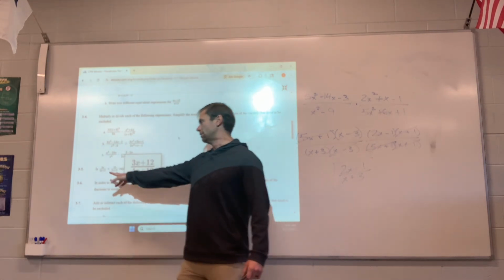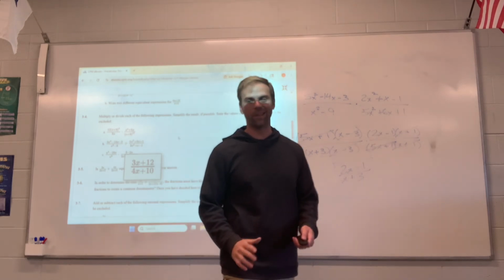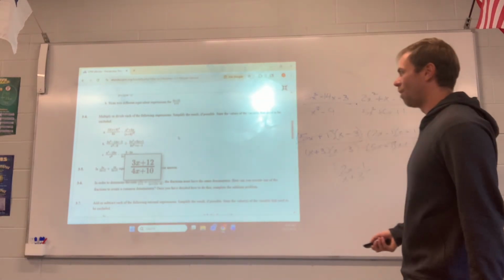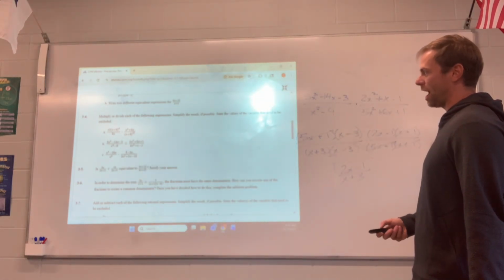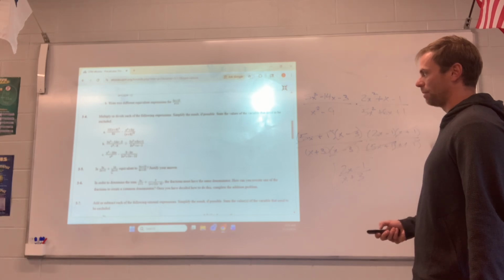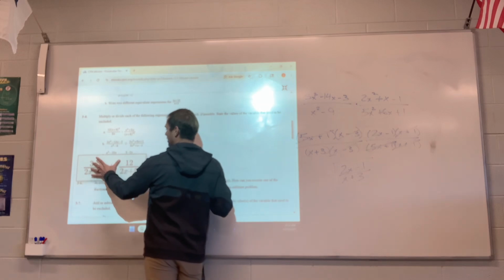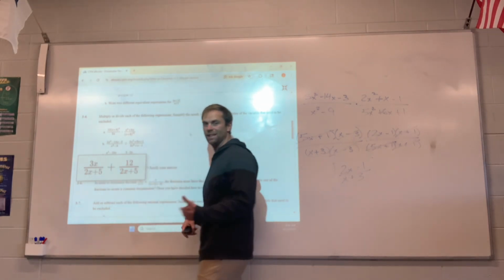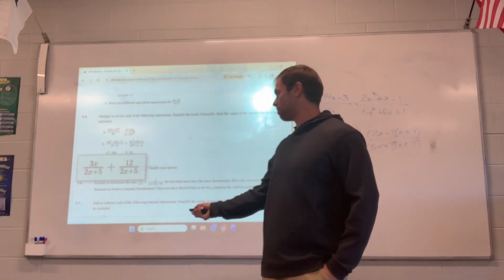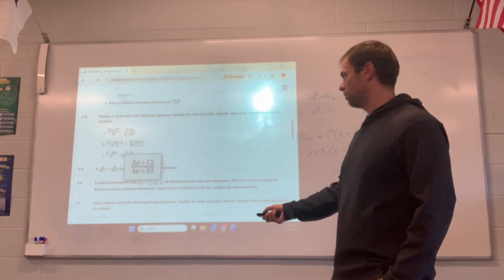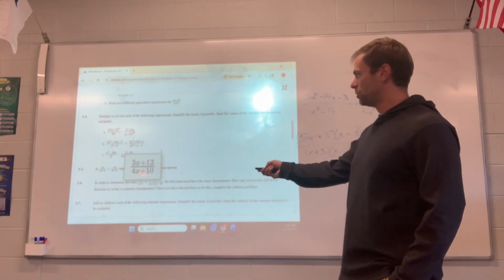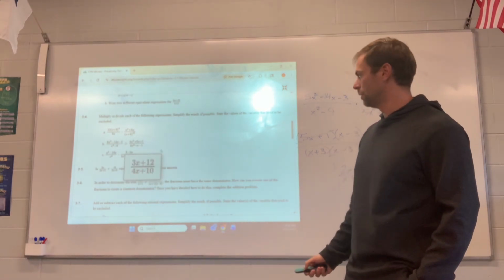So they added the numerators, and they added the denominators too. The correct answer is no, those are not equivalent. Why? Because when we add fractions, we have to have a common denominator. We do have a common denominator here, so we can add the numerators, but the denominator stays the same. What should happen is this should be 3x plus 12, but over 2x plus 5.